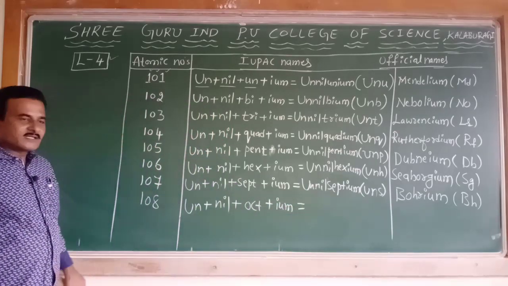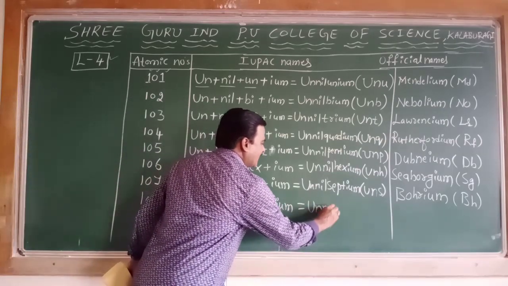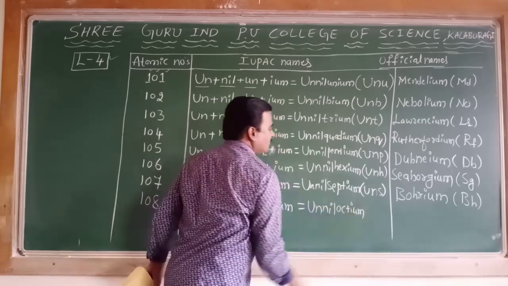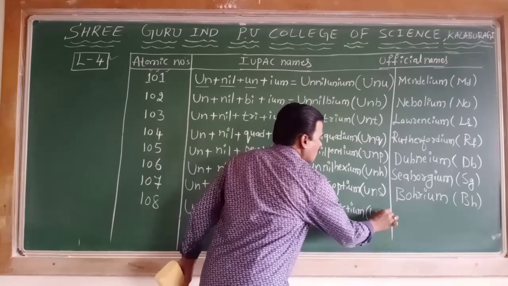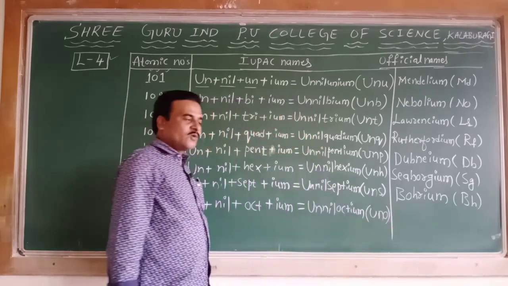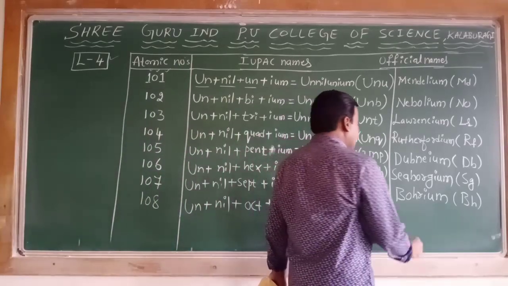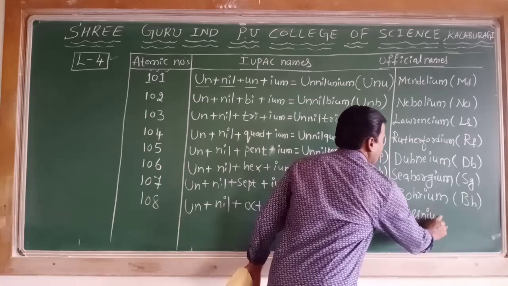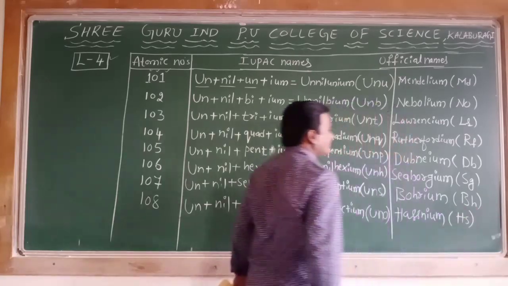The IUPAC name is unniloctium, symbol Uno. And the official name of this element is hassium, with symbol Hs.